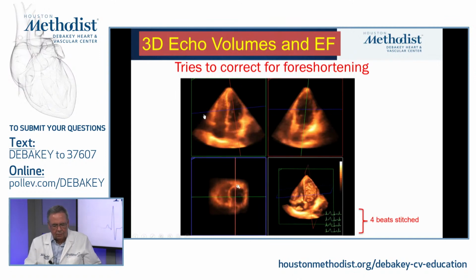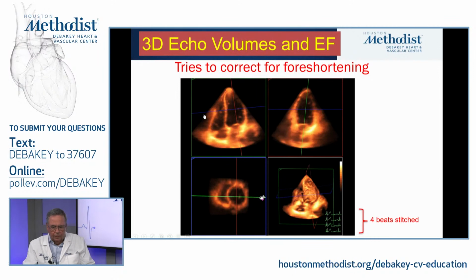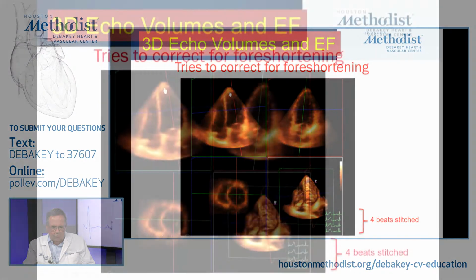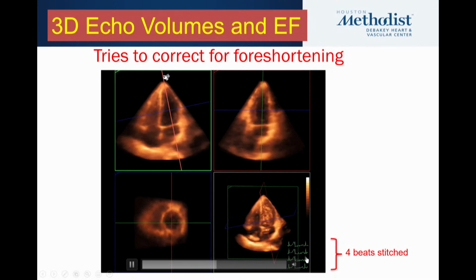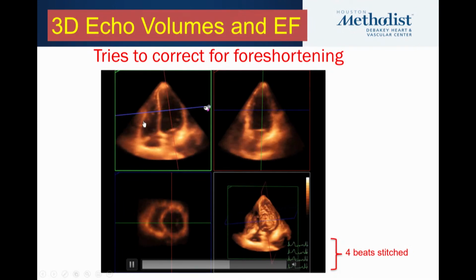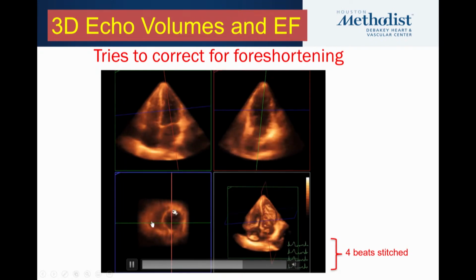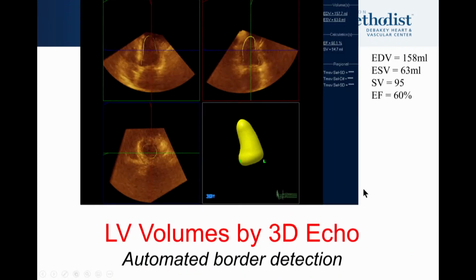Initially, the 3D technology was a little bit more primitive, and one had to stitch four beats together. So this was the representation of four beats, which was good if you have a regular heart rate, but it could be a problem if you have irregularities. Then one had to manually make some corrections on the planes so that you would eventually end up with a 3D rendered image.